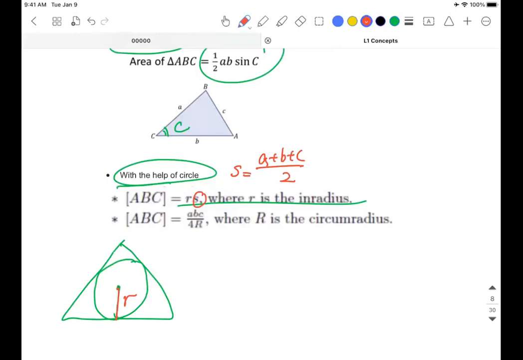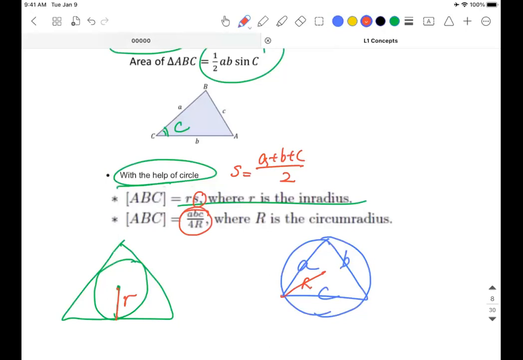Okay. And the second one is more like using the circumcircle. Whenever I have a triangle with sides a, b, c, and I know the radius of the circumcircle, you can also determine the area of the triangle fairly quick using abc over 4R. Okay, this is actually a very shortcut way.